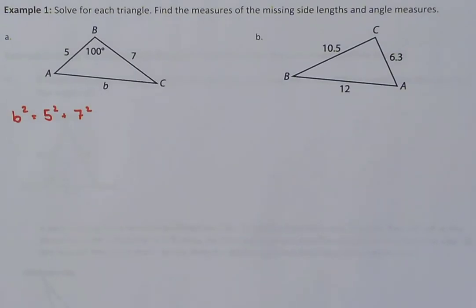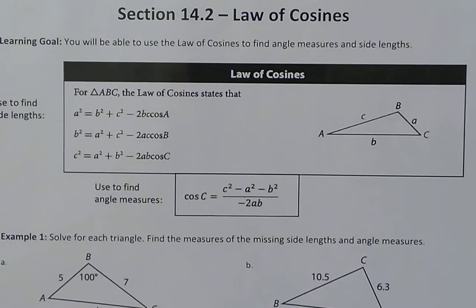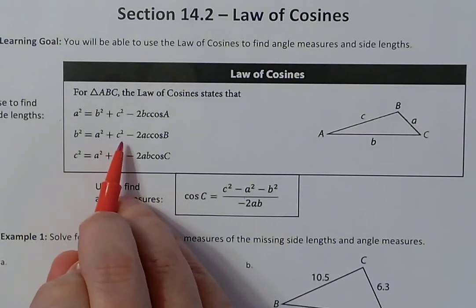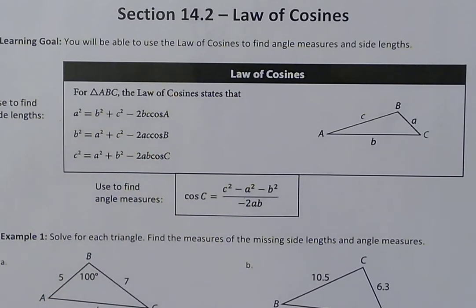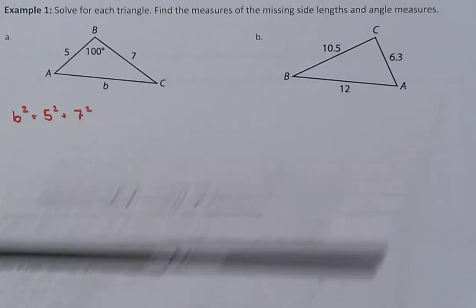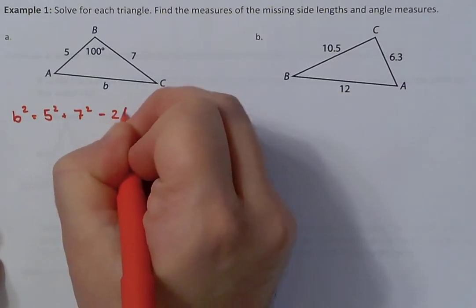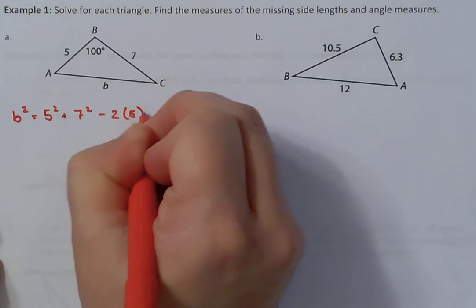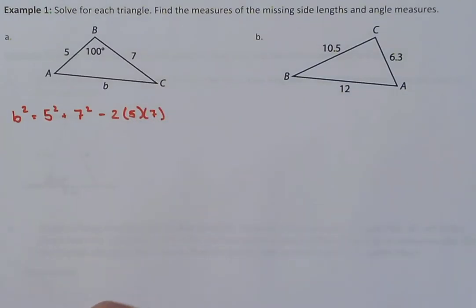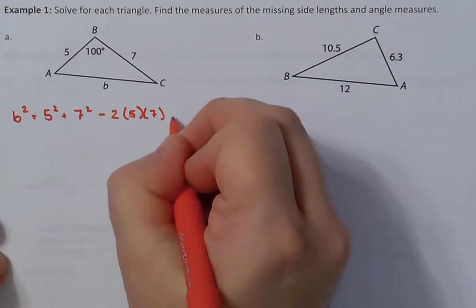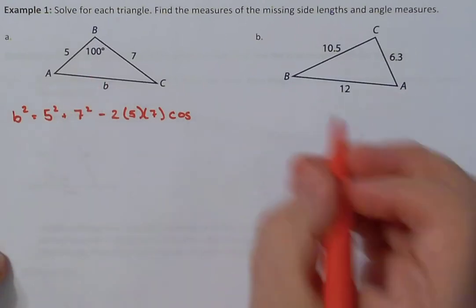And then, so we filled out that first part, this A squared plus C squared, then it's minus 2AC, so it's minus 2 times those other two sides. So minus 2 times 5 times 7 times cosine B. So times cosine, and then the measure for angle B is 100.